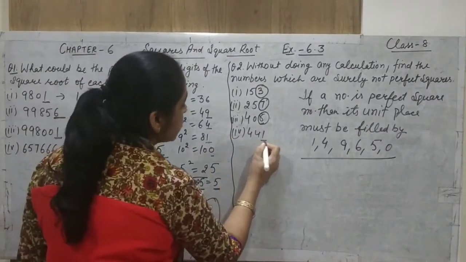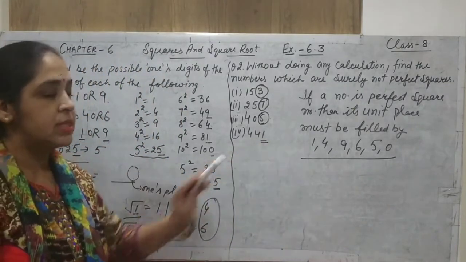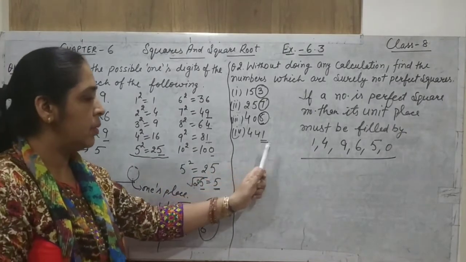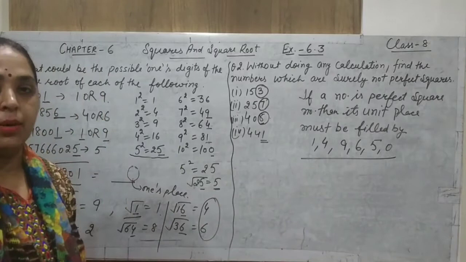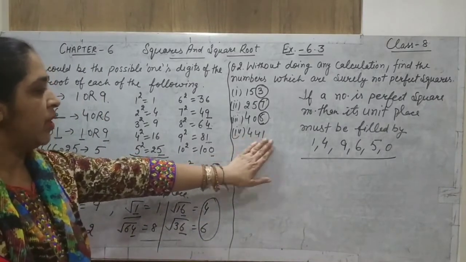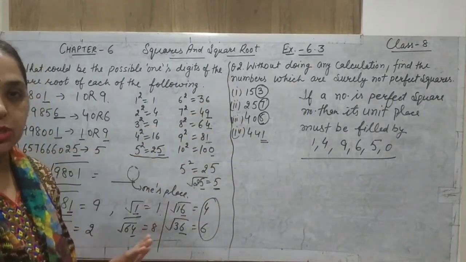Now in this case the unit place is filled by 1. So by the rules we can say that the unit place is filled by a number which is included in these numbers. So that's why 441 is a perfect square. But these other numbers are not perfect squares.